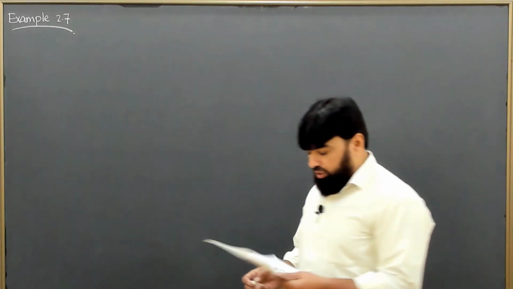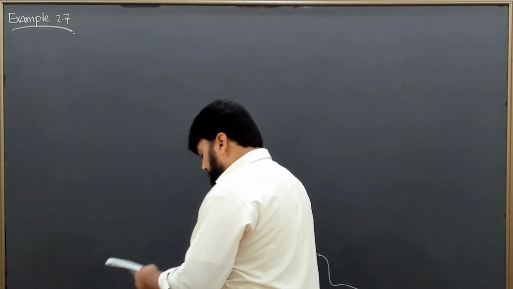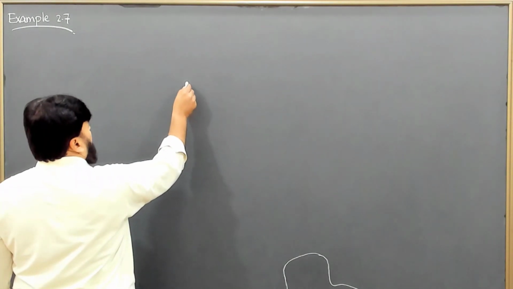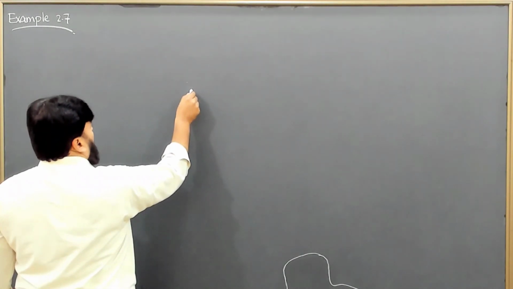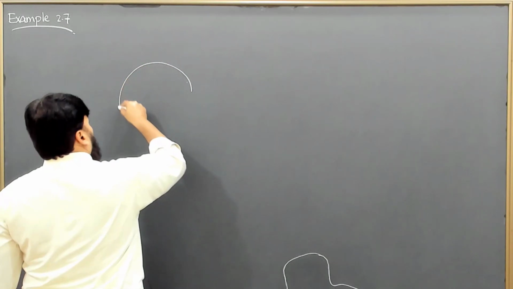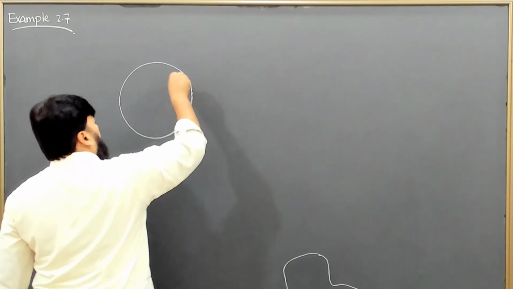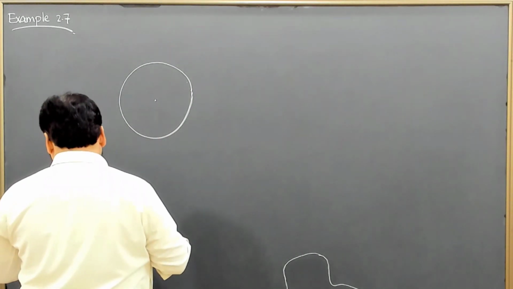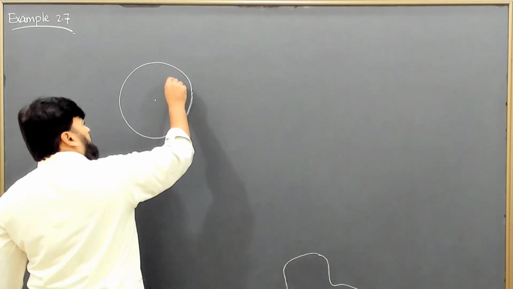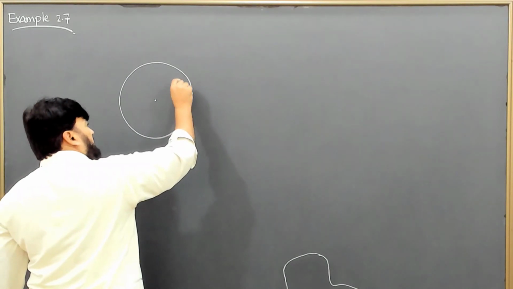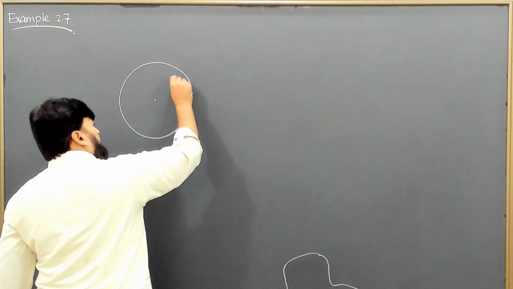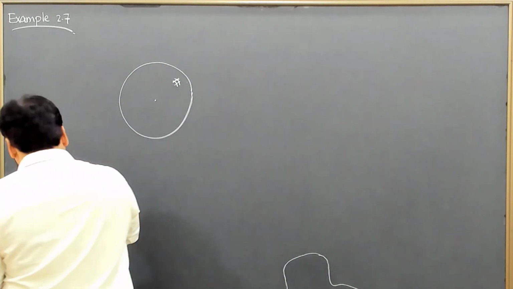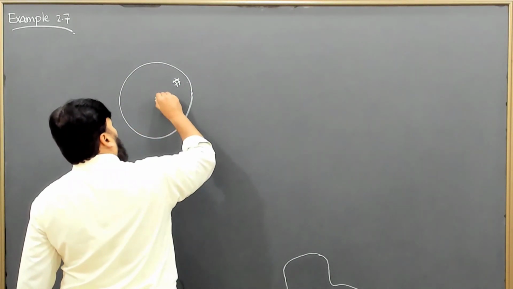So let me draw the figure, and the sphere is like the previous. We have a sphere of radius r. This is the center of the sphere, and this is any point on the surface of the sphere, so its distance from the center is r.